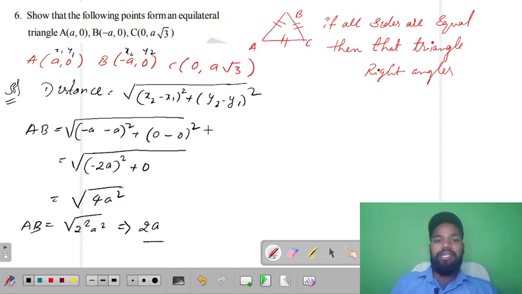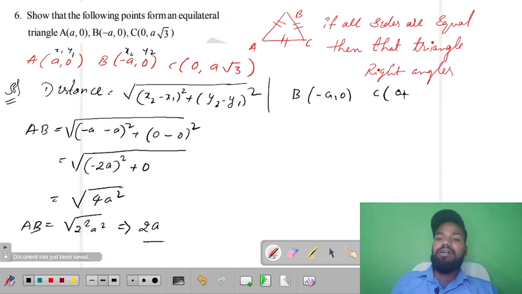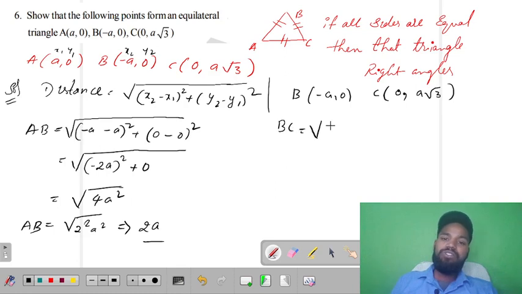Next we are going to find BC. What is the B value? Minus A comma 0, and the C value is 0 comma A root 3. So BC equals under root x2 minus x1, where this is x1, y1, x2, y2.